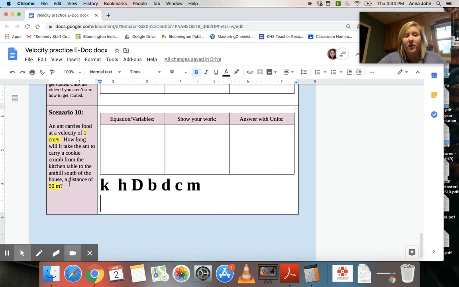So we want to convert the 50 meters instead of the centimeters, because the centimeters is with another unit and that's more challenging. I'm starting at meters, which is my base, and I want to get to centimeters.